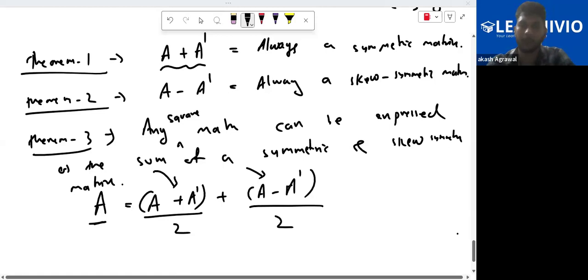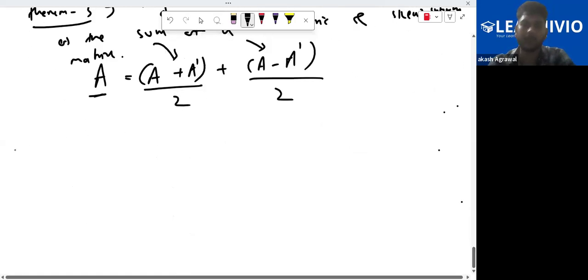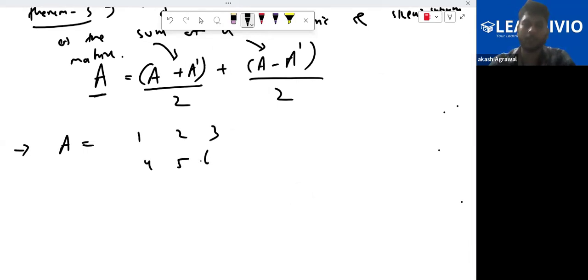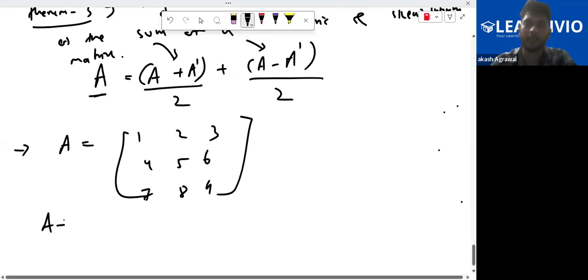Okay. So first verify this. Suppose I give you A equals 1, 2, 3, 4, 5, 6, 7, 8, and 9. Please find A plus A transpose and then find A minus A transpose. Okay.